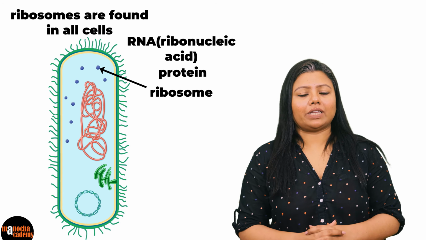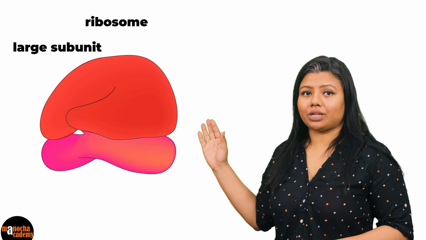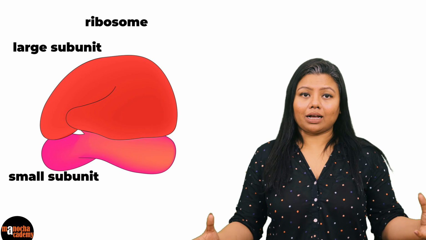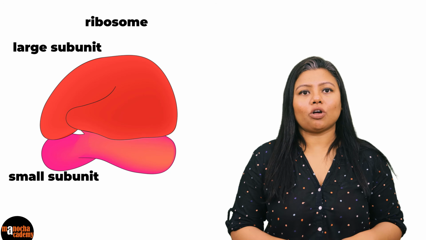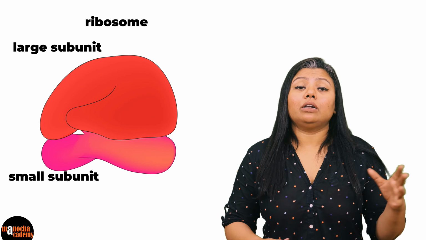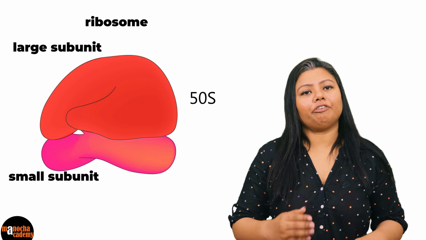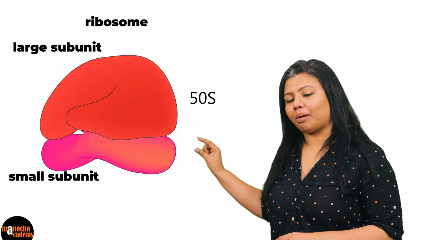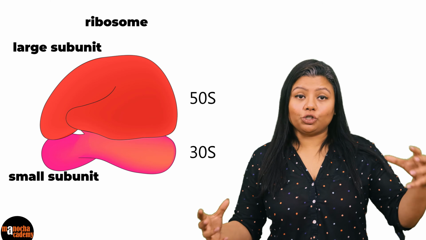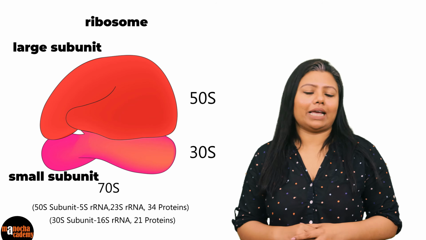In both the types of cells, the ribosomes are made up of two subunits, a larger subunit and a smaller subunit. These two subunits come together during the process of protein synthesis. In case of prokaryotic cells, the larger subunit has a sedimentation coefficient of 50S and the smaller subunit has a sedimentation coefficient of 30S. But when you join them together, their sedimentation coefficient is 70S.